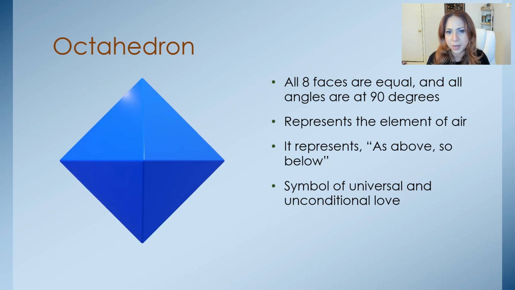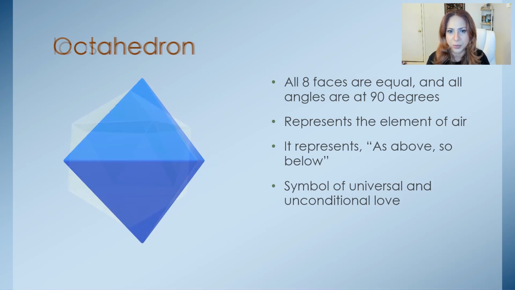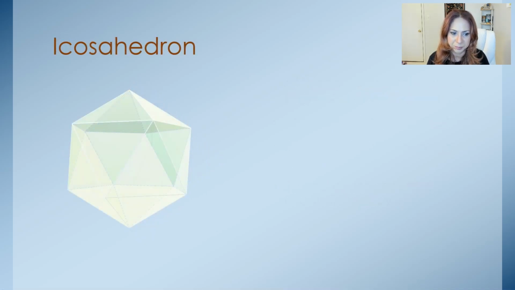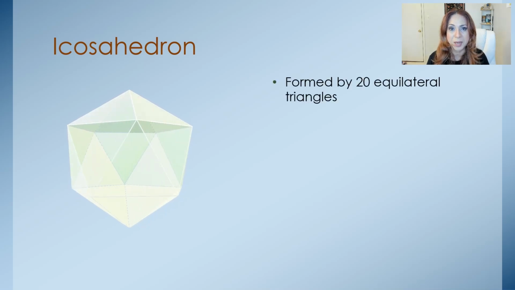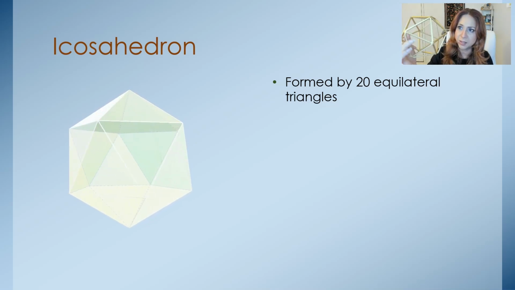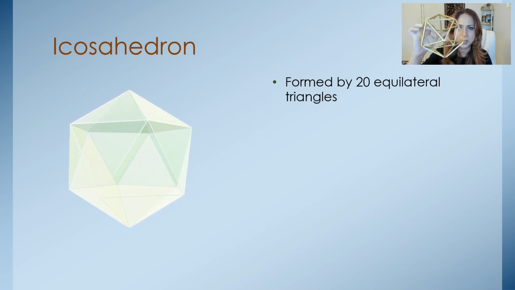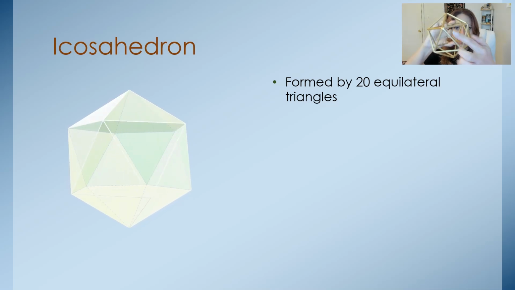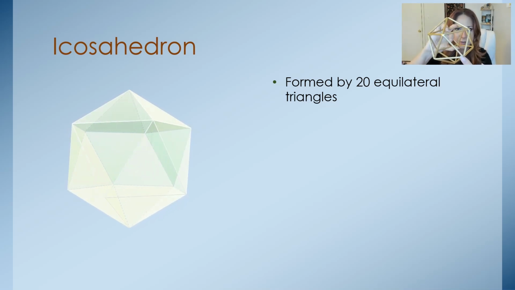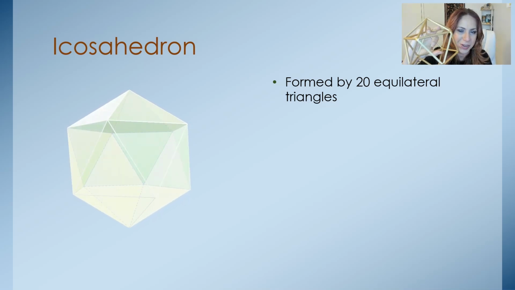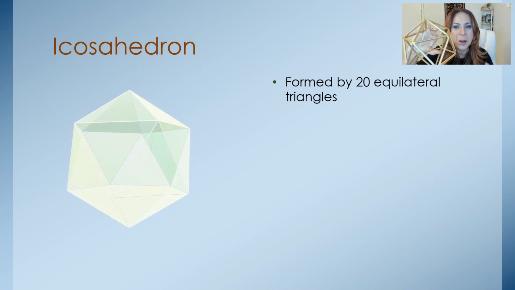Now let's look at the next one, the icosahedron. And here we see that it is formed by 20 equilateral triangles, and that is the figure that I have here. I think I got this at Walmart or Target. So you can see that each one of these lines, well, you cannot see because you cannot measure, but I did.